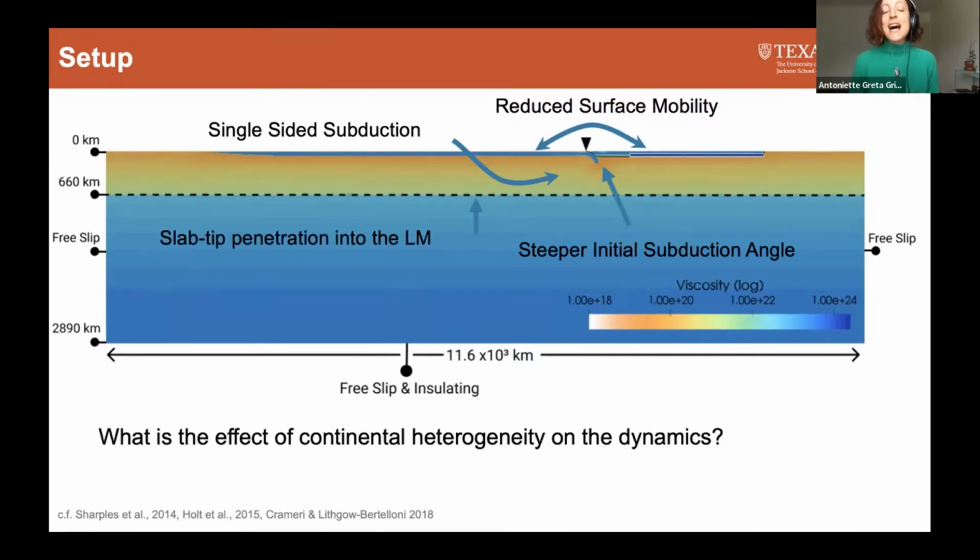But the question is, how does this heterogeneity affect the evolution of slab morphologies in the mantle? How does it shape the subduction style? And does it have any influence at all on the overriding plate topography?